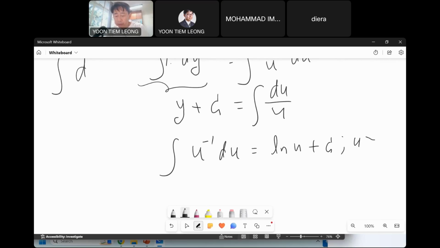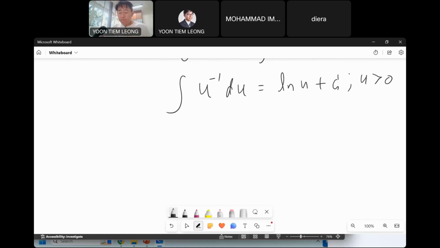And here, u is assumed to be a function that is always positive. That is necessary because the log of u is only defined for u that is positive. If you have a situation where u is negative, you can also arrive at a similar result where you just have to slot in the absolute value of u.